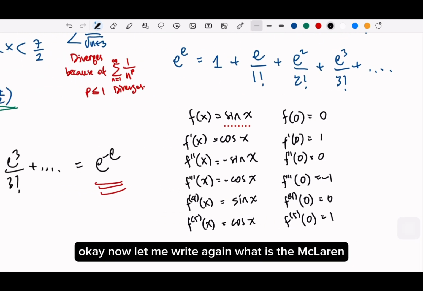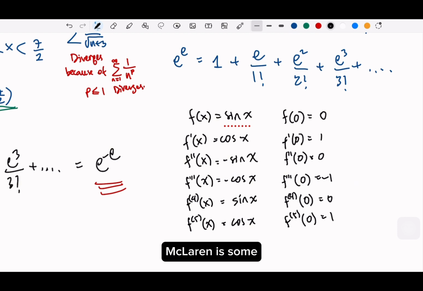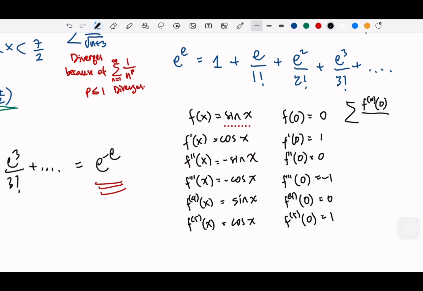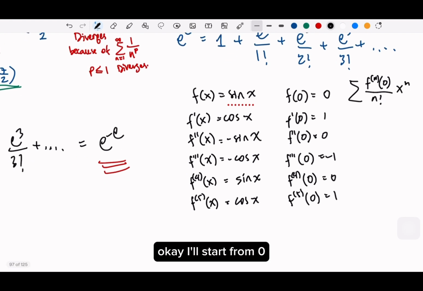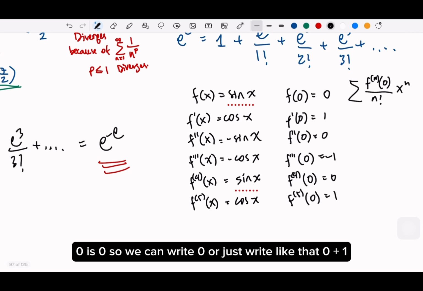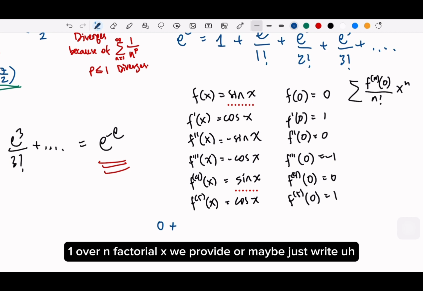What is the Maclaurin series? Maclaurin is the sum, starting from 0. f(0) is 0, so we can write 0 plus 1 over n factorial x to the power of n.